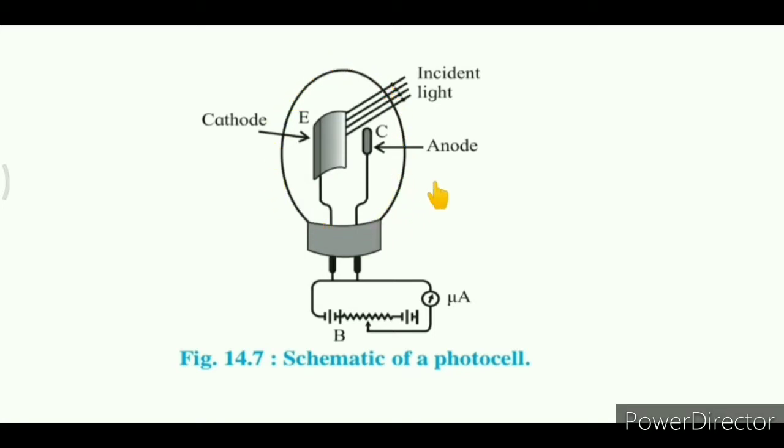We can say that it is made up of a quartz bulb also. The electrodes are connected to an external circuit.